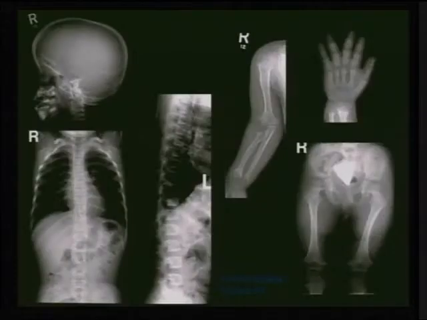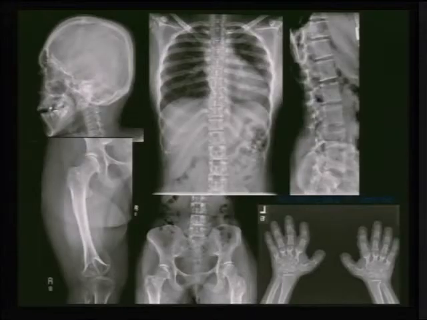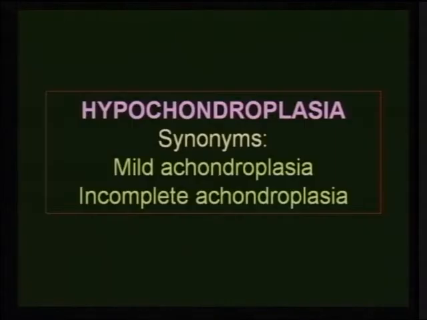Let's see when the child is growing. This is by the age of 9. Almost the same picture, and you are going to see the same thing, coning of the epiphysis and the narrowing of the interpedicular distance. This is by the age of 18. The child has grown, but these changes are specific, and you are going to find them there.